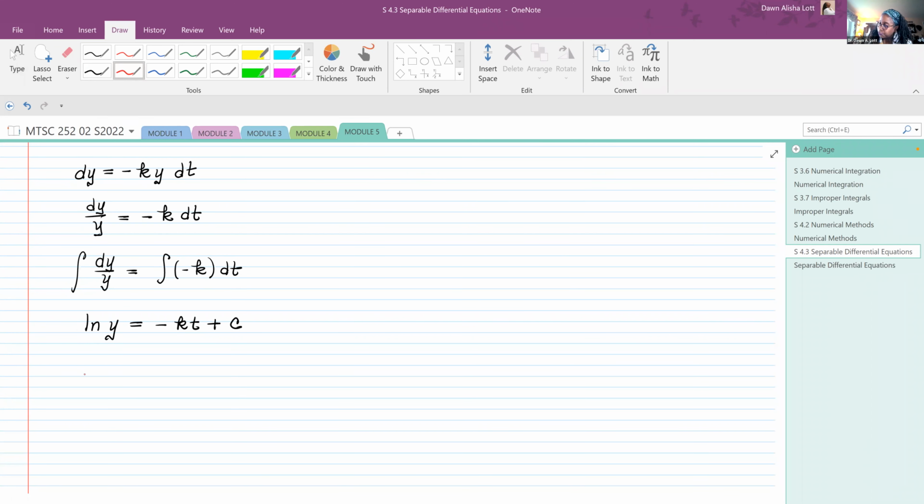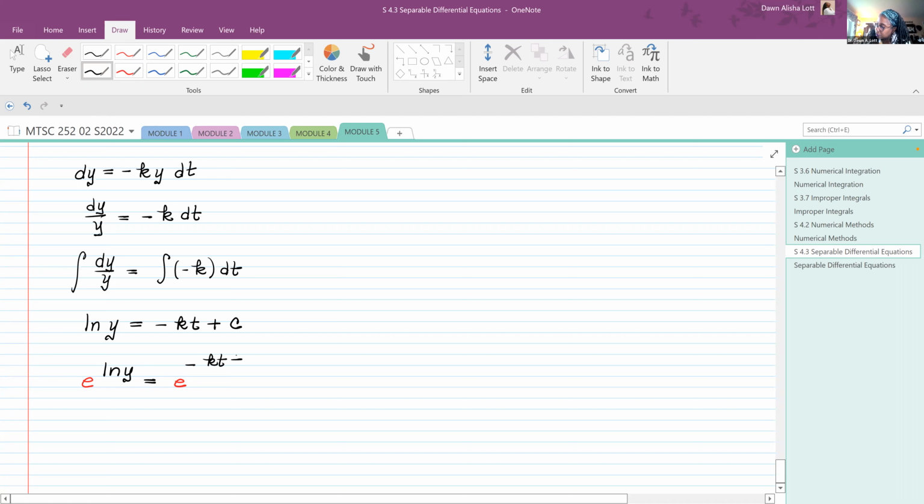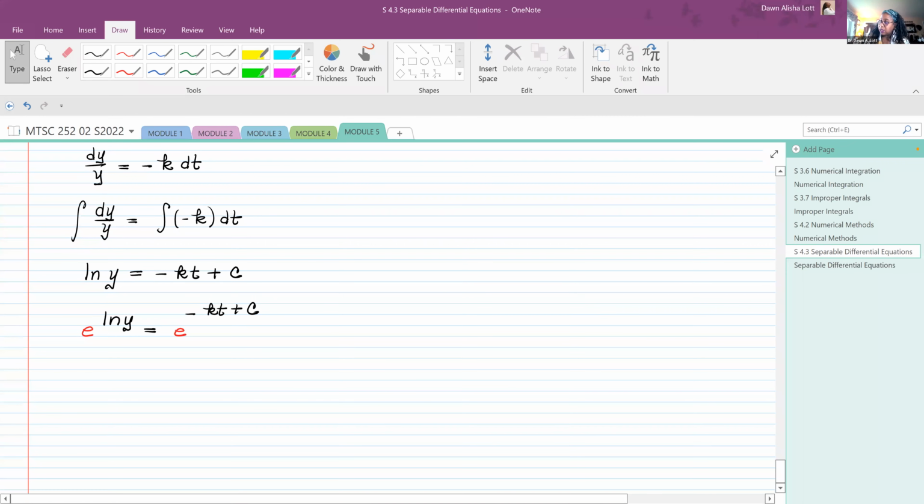I'm going to do what I did before. In order to get y, I'm going to raise it all to the e to that power. On the left-hand side, I get e to the log of y. They're inverse functions, so I just get y. On the right-hand side, I get e to the negative kt times e to the c.